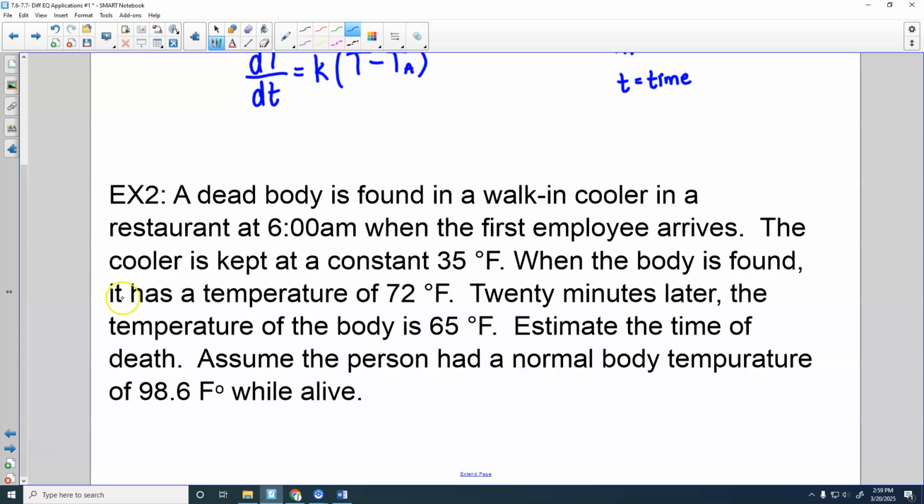Could it be used if they're in a heater, like an oven? Like opposite? As long as it's kept at a constant temperature, then yeah, that could work.